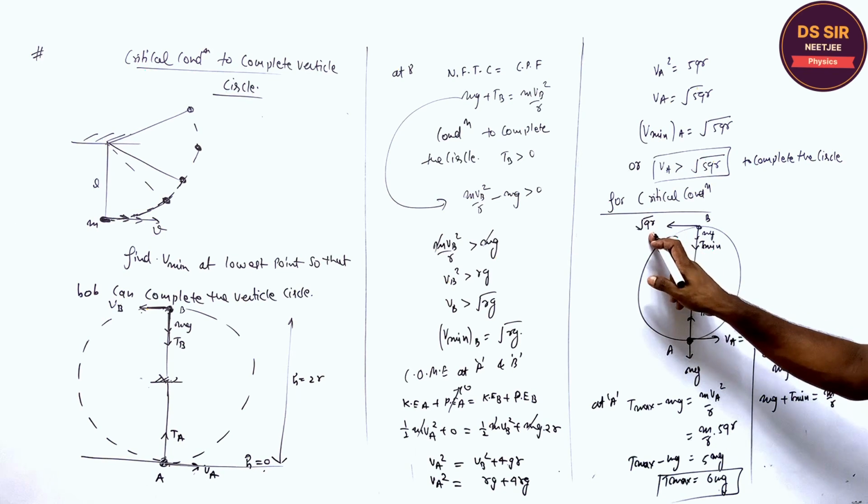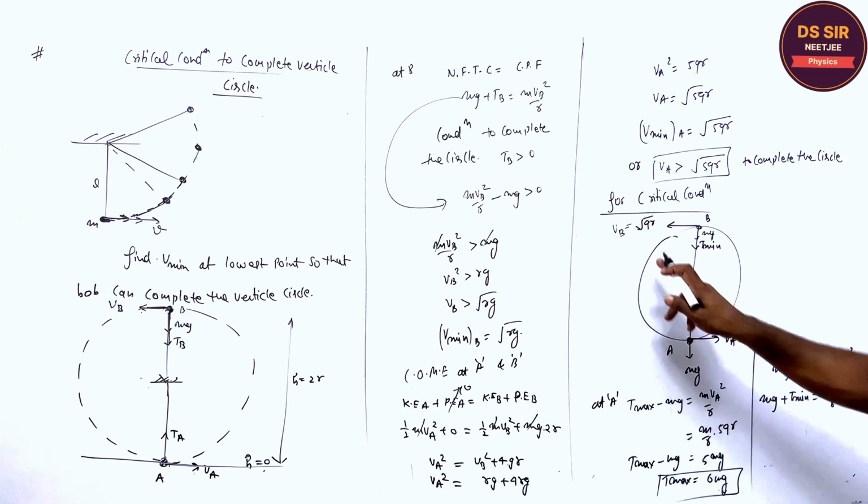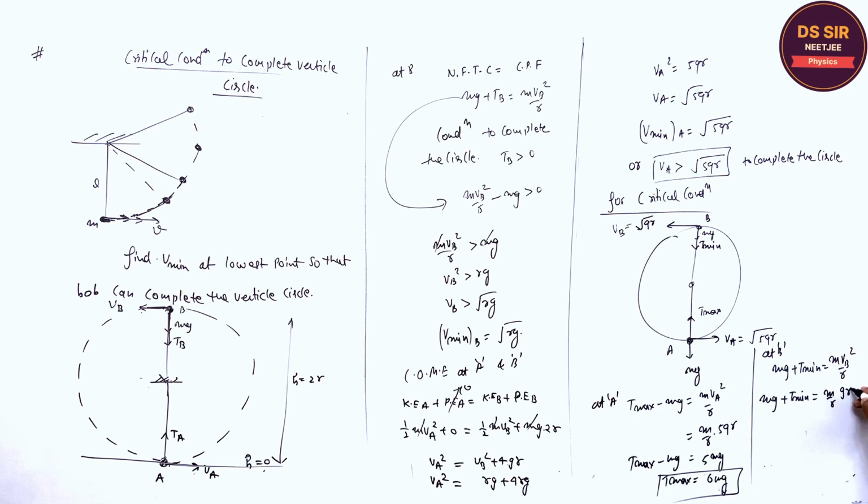What is the Vb? This is the minimum speed for the critical condition, root gr, so it becomes mg plus Tmin equals mg, so Tmin is 0. Is it clear? So the minimum tension in this motion for the critical condition is 0.